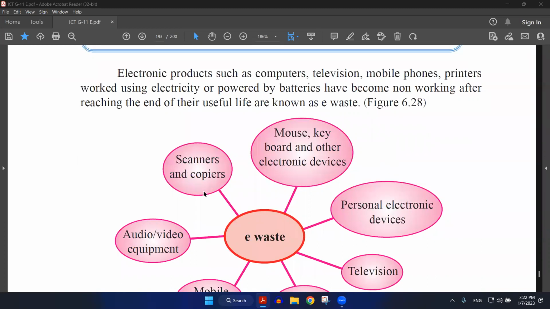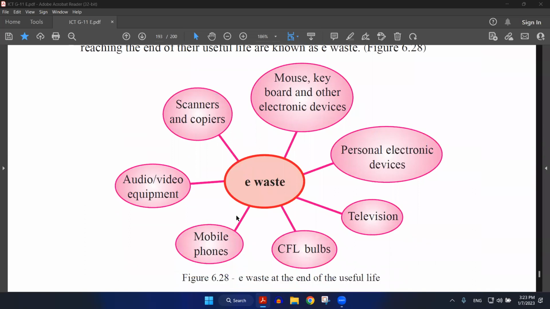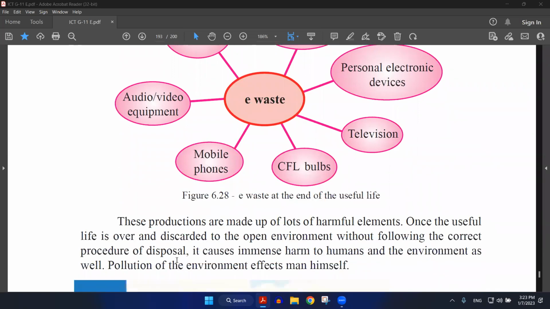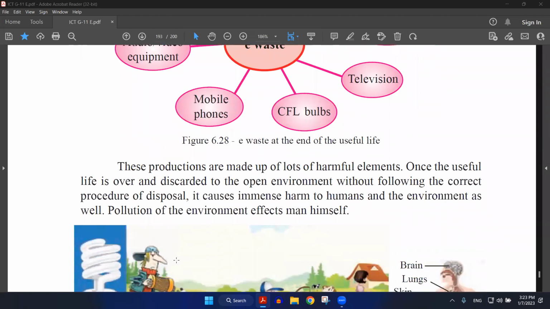Electronic products such as computers, televisions, mobile phones, and all these things, when they are in a position which cannot be used further, become waste, right? So any particular device containing electronic components can be considered e-waste. There are some given over here. So these e-wastes should be managed in a very particular manner, right?